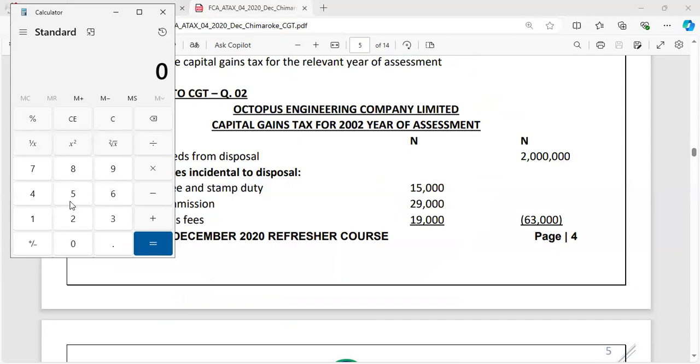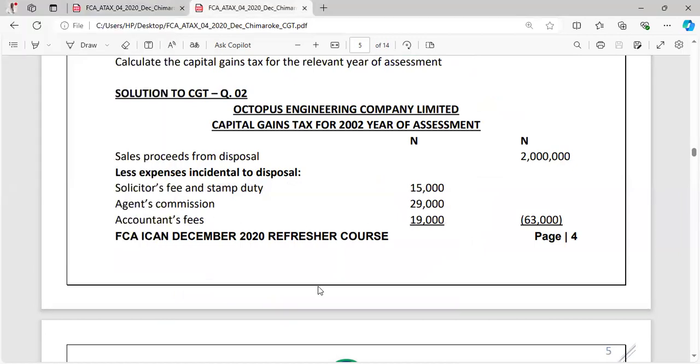We have 15,000 plus 29,000 plus 19,000, and that gives us 63,000, which is our expenses incidental to disposal.